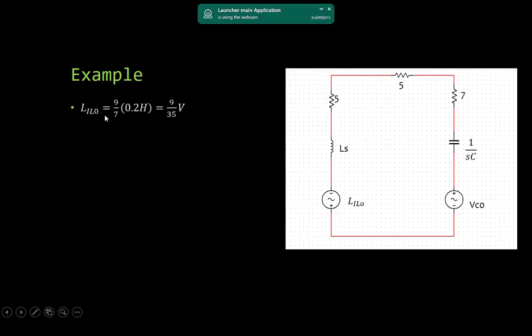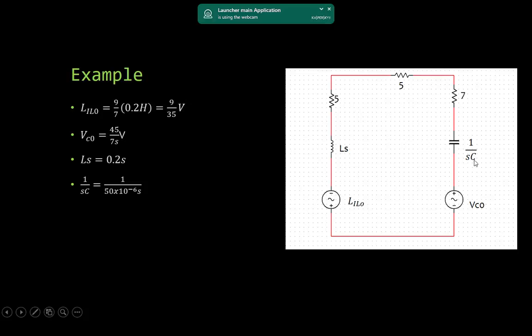For L I initial, it is 9 over 7 times the inductor, 0.2 Henry, which will give us 9 over 35 volts. For the Vc of 0, 45 over 7S, we will only add S to the denominator. So next for Ls, 0.2S. 1 over SC for our capacitor is equal to 1 over 50 times 10 raised to negative 6 S.